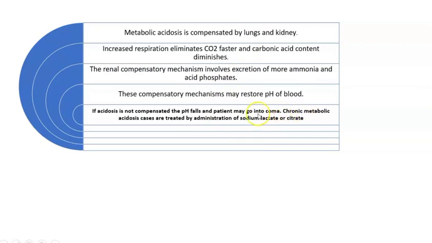But when chronic metabolic acidosis cases are treated by administration of sodium lactate, what happens is this. You all know from our previous class videos that sodium is present in blood plasma and hydrogen carbonate is present in blood plasma. In that way they can form sodium hydrogen carbonate, which is higher in alkalinity than carbonic acid.